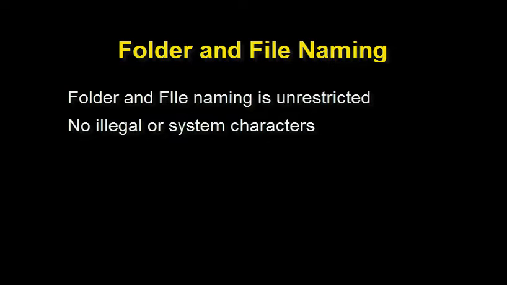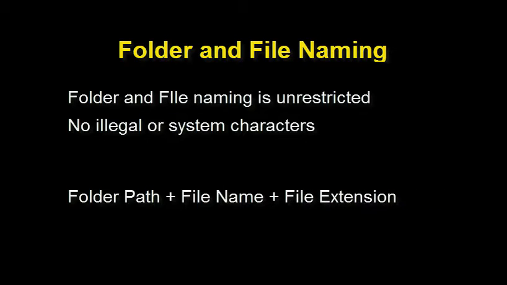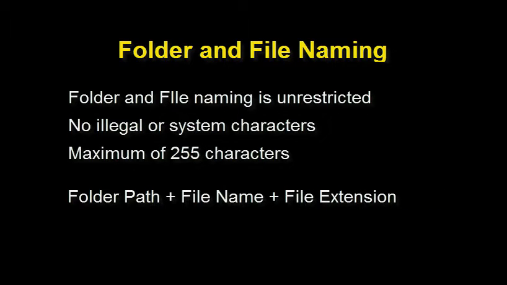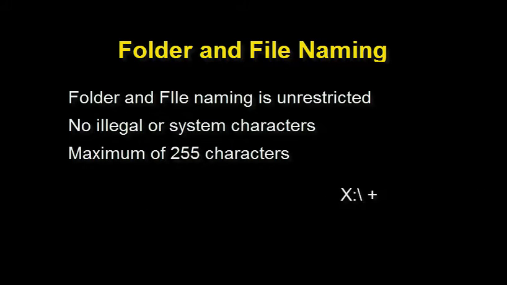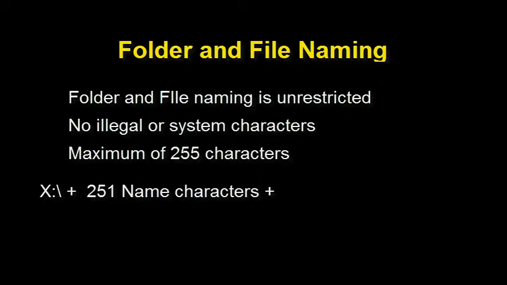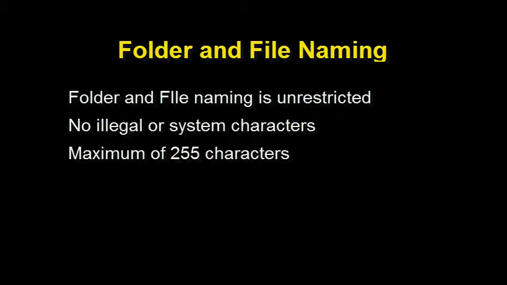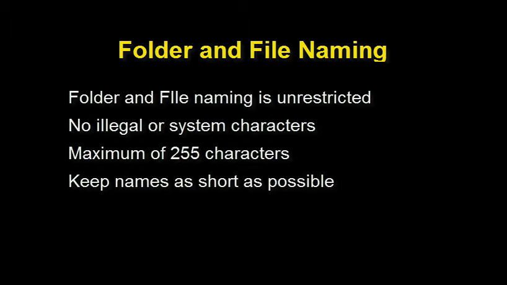That said, for Cinedeck purposes, the Windows operating system does restrict the length of the total folder path, plus file name, plus file extension, to a maximum of 255 characters after the drive letter. For example, you could have the drive letter X, and then a total of 251 folder and file name characters, plus 3 additional file extension characters. However, it is really better to stay well under that maximum, as extremely long names can become quite unwieldy.